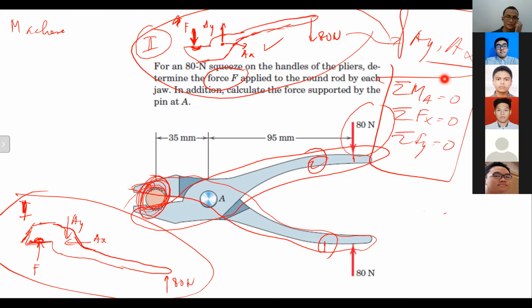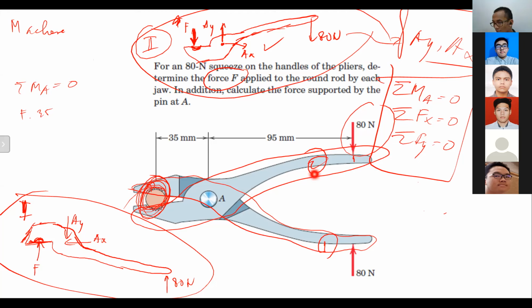Now help me to solve it, Kirana, because it's very easy to solve actually. Sigma moment at A equal to 0. What will you get then? F times 35. Plus. What positive direction do you want to use?